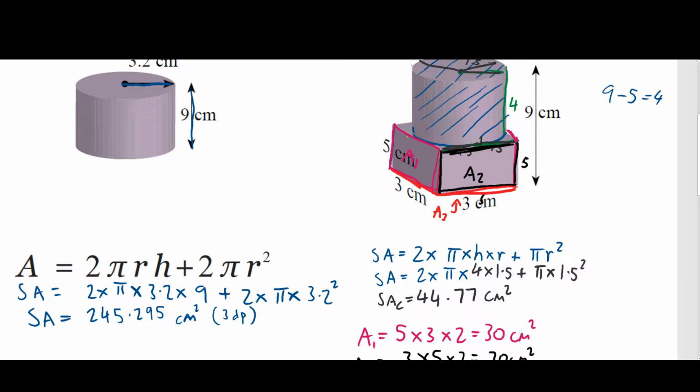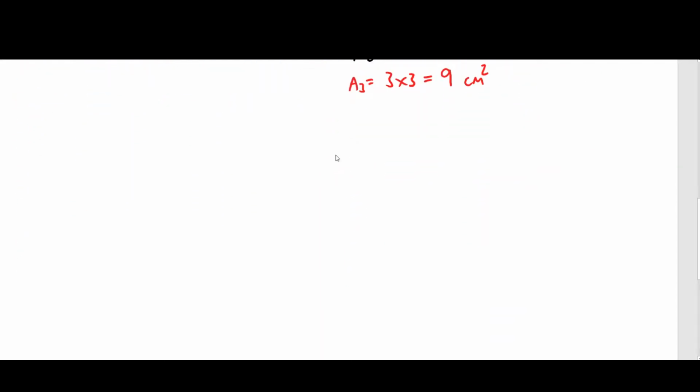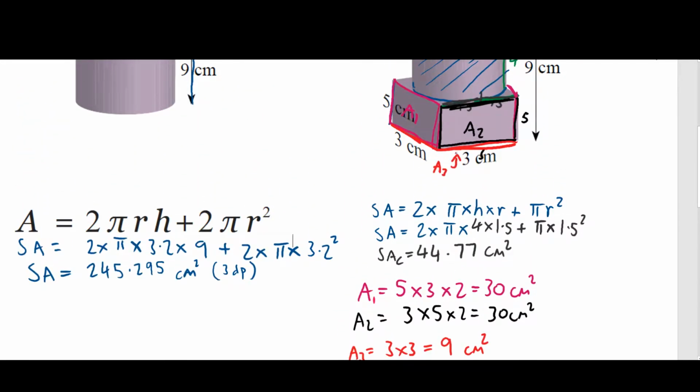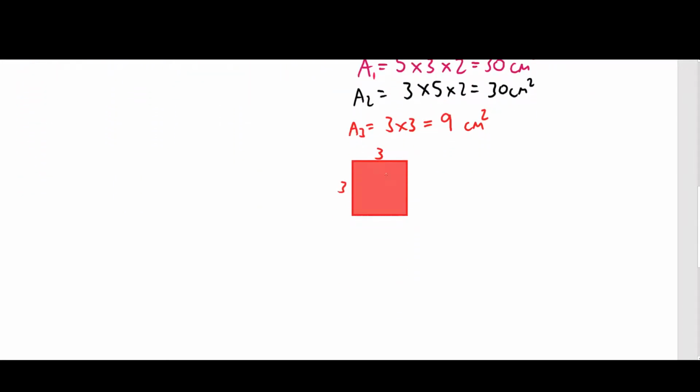Now, this top bit, before the cylinder got there, it was a neat looking shape like this. So looking from above, the top of the rectangular prism is 3 by 3, okay?